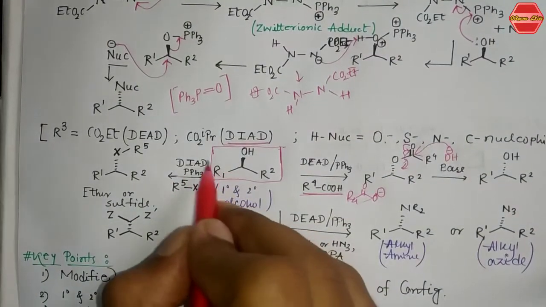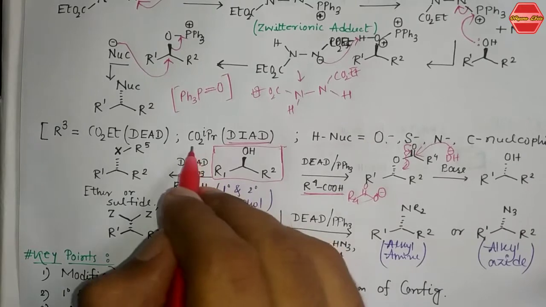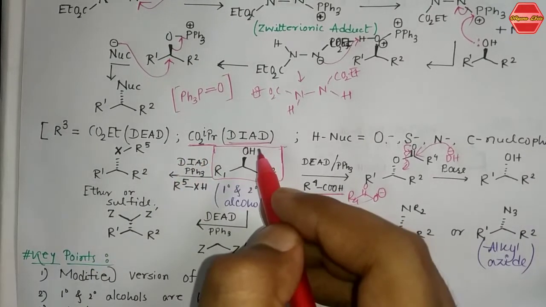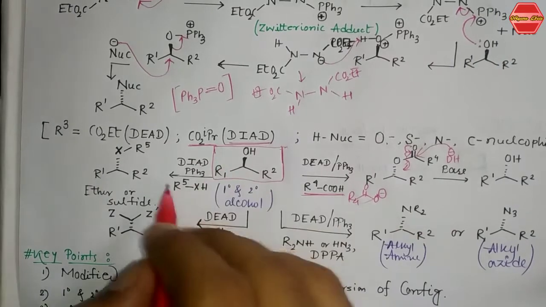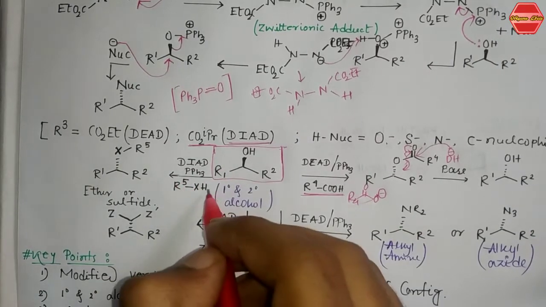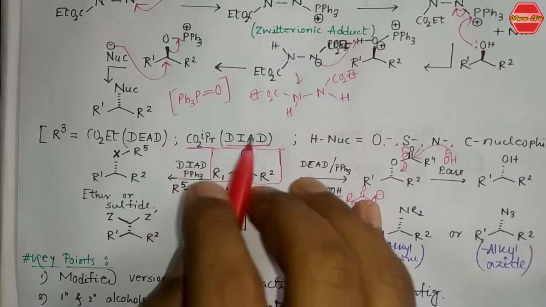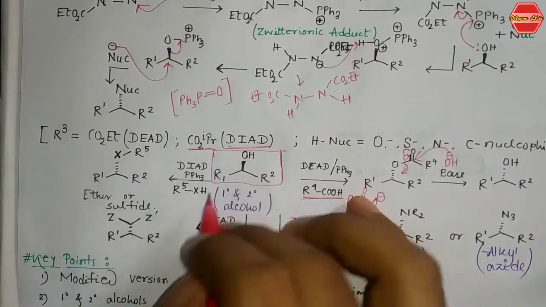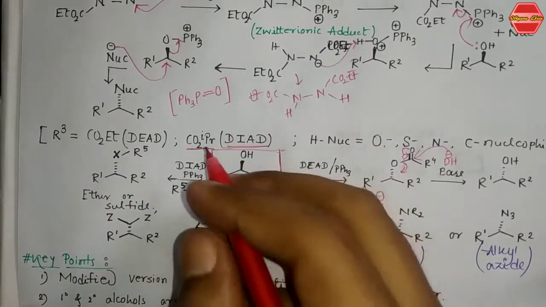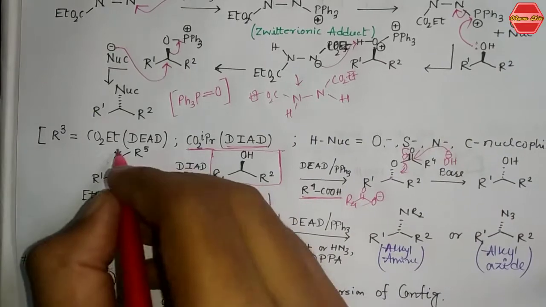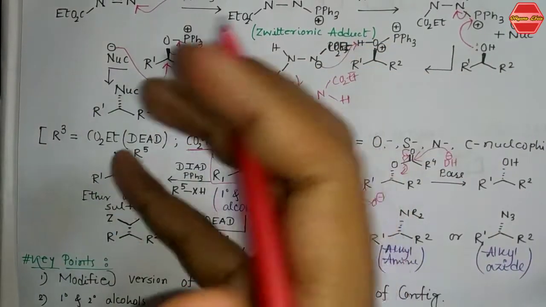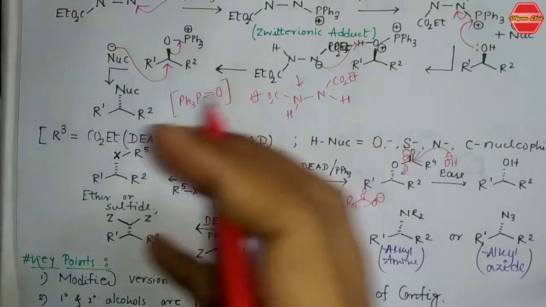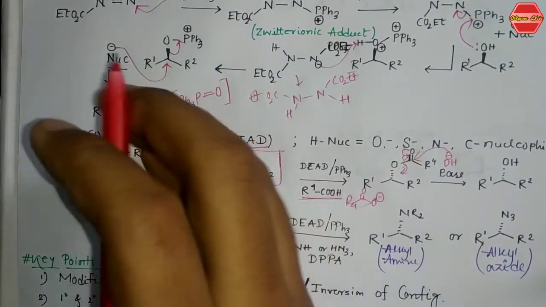Now you can see here when we are using DIAD, I already said that it is the CO2 iPr group. So if we are using DIAD and PPh3, and when we are using R5 and XH, X may be your oxygen, or X may be your sulfur. When X is oxygen, it will be called ether kind of product.